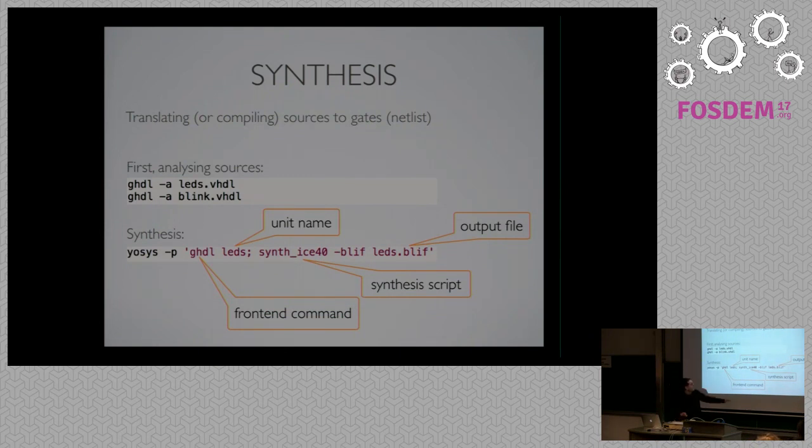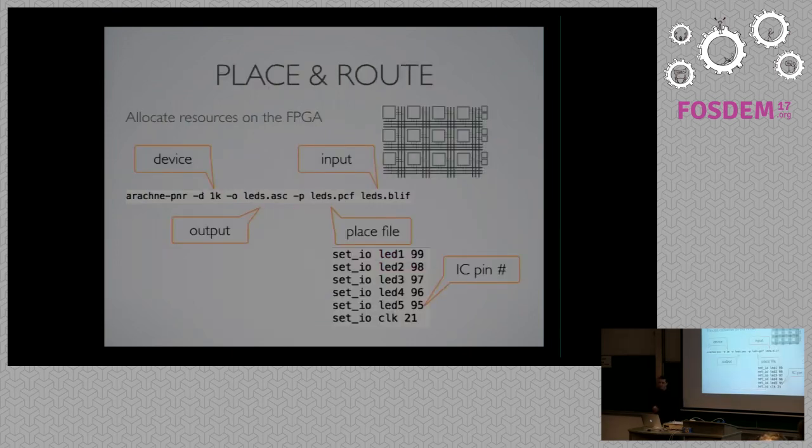So there is a lot of processing that is done on the input file. And it generates what we call a netlist, which is a net of gates and of registers. And then you can use nextpnr to place all these gates.